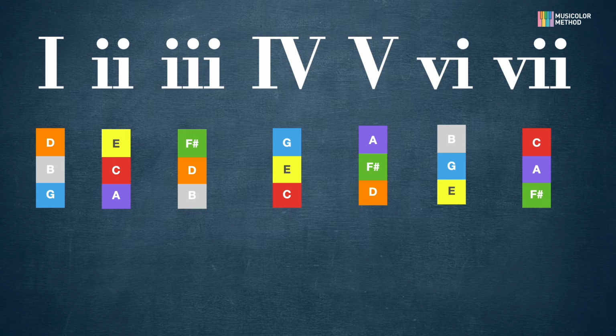Then we get the 4 as the major, and then the D is with the F sharp in there. That's a major 5 chord, and then the 6th chord is the E minor chord, and then we get that strange diminished chord again, right? Oh, I forgot the little circle there.